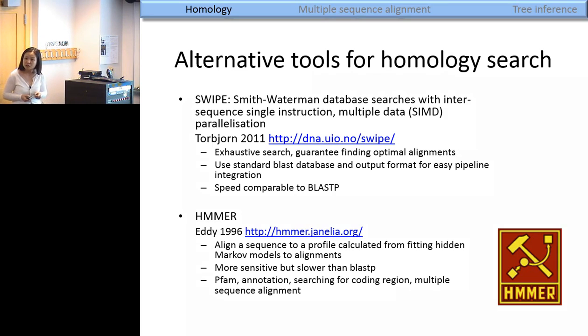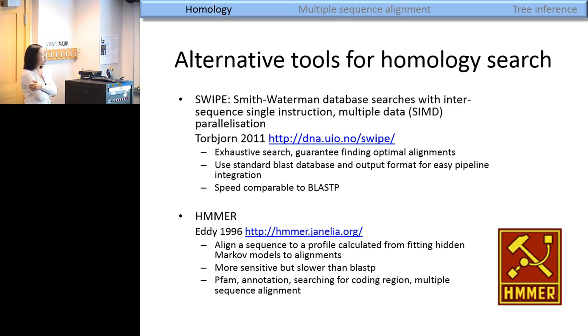As you said, you tried the software, so how many different results did you get compared to BLAST? Does it differ a lot in this case? Between BLAST and SWIPE? Yes. It's quite different. I mean, it depends on the complexity of your database, right?